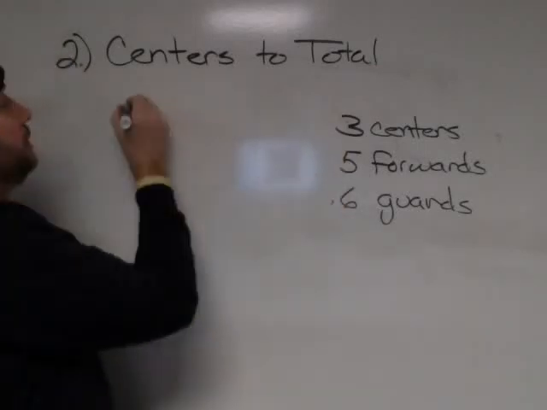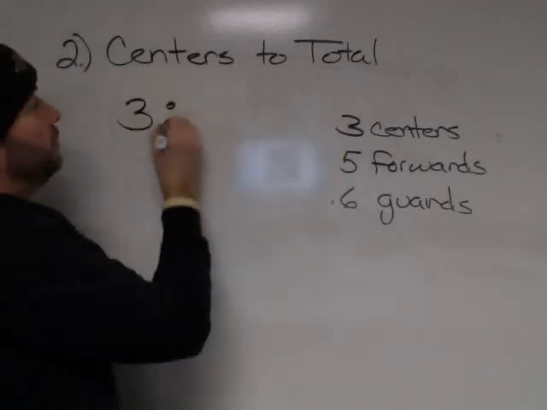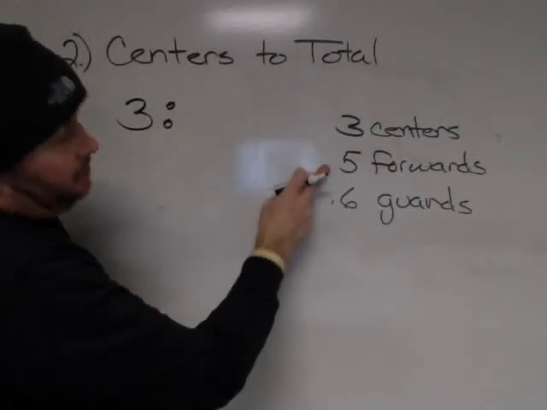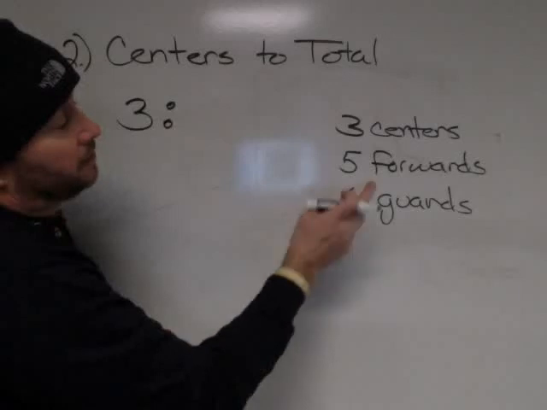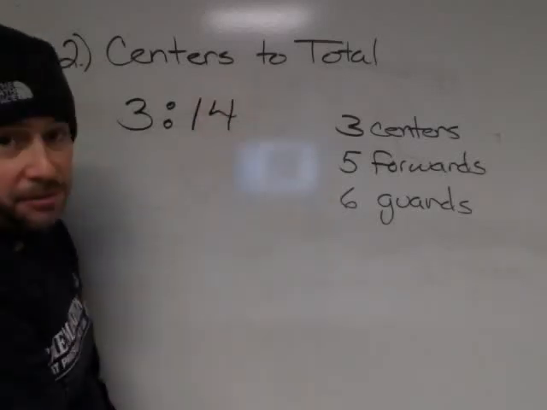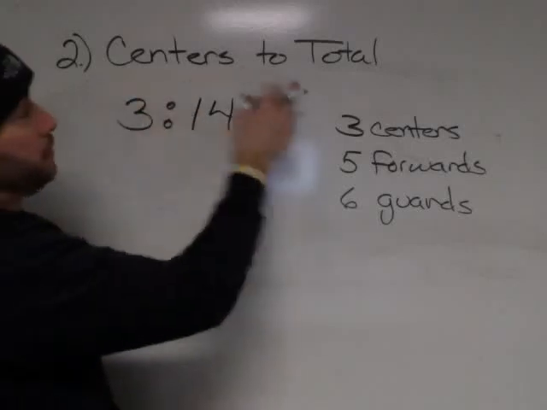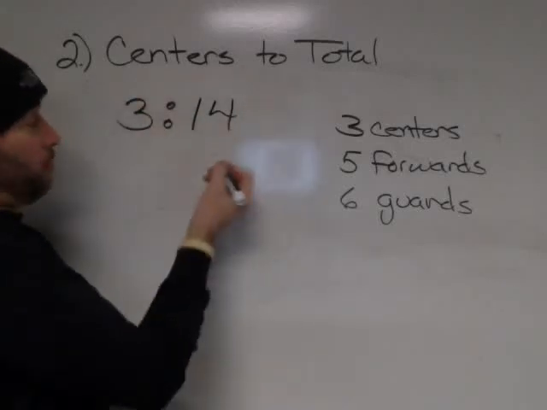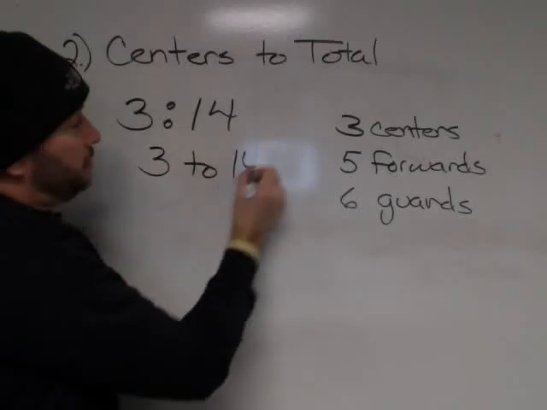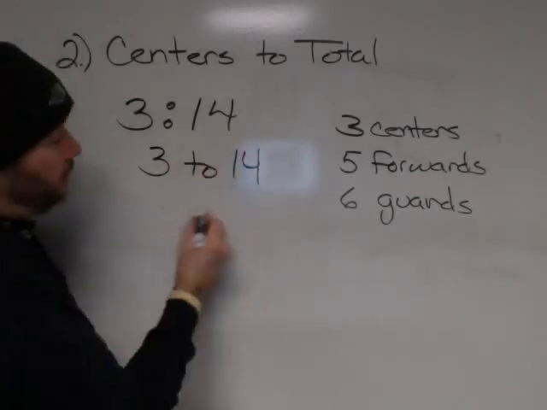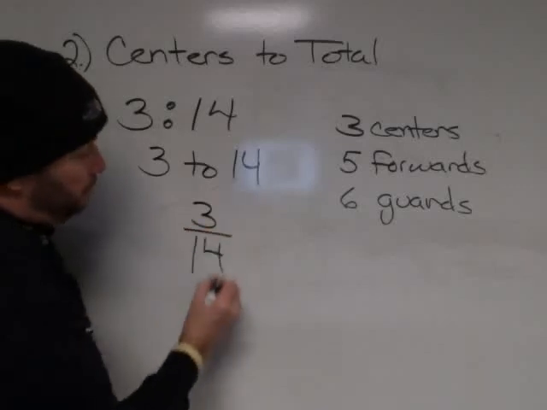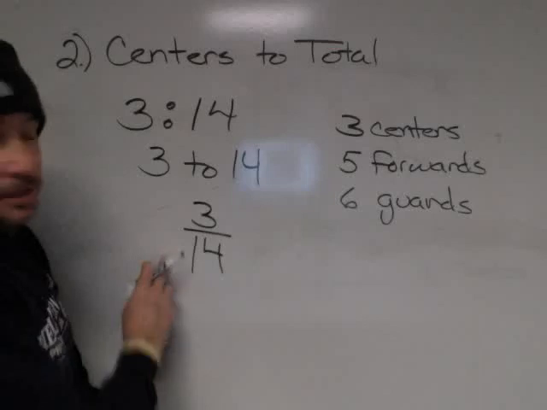There's 3 centers, and the total would be 3 plus 5 is 8, plus 6 is 14. So it's a 3 to 14 ratio for number 2, centers to total. And again, if we wrote it in 3 different ways, we could do 3 to 14, and we could write it as a fractional comparison, 3 over 14.